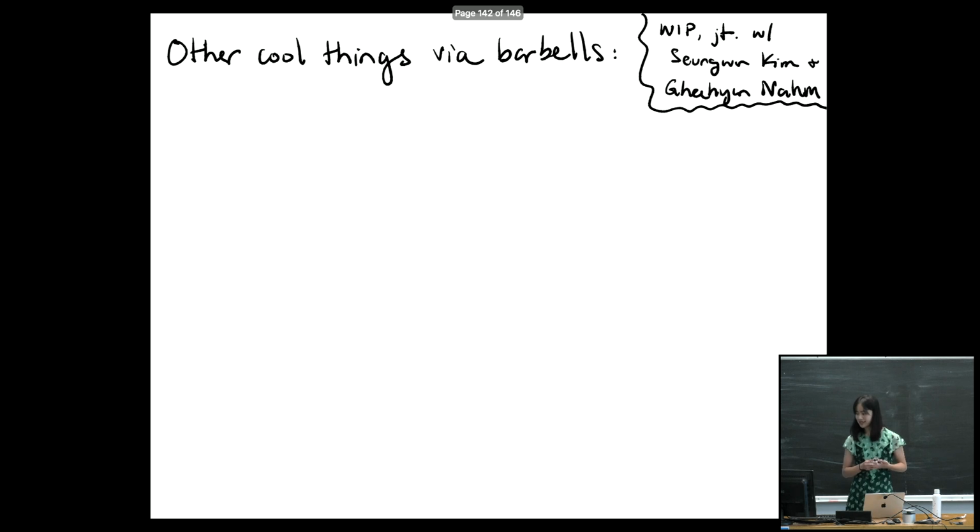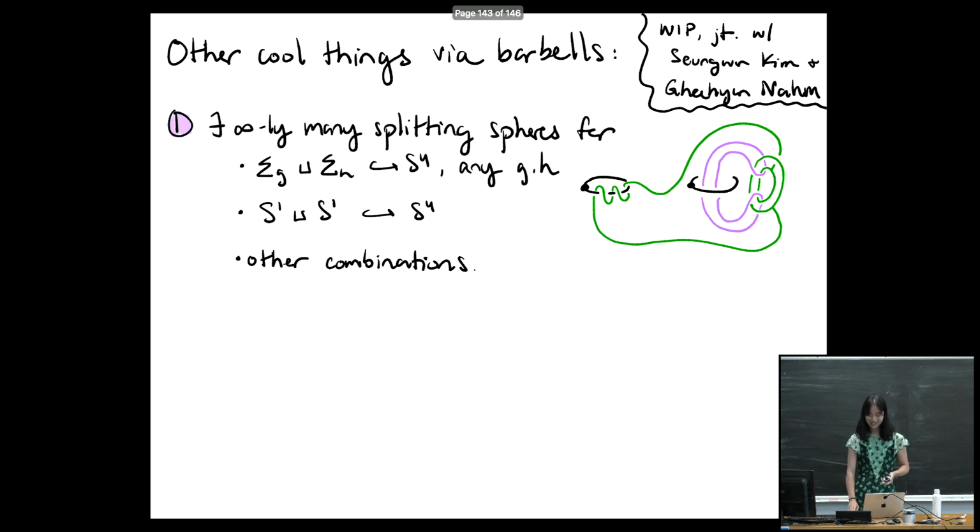So maybe in the last few minutes, I just wanted to mention some other cool things that you can prove using barbells. This is joint work in progress with Gi-hyun Nam and Sungwon Kim, who are both in the audience. Shout out, Gi-hyun, Sungwon. The first thing is that you can get a lot more splitting spheres.